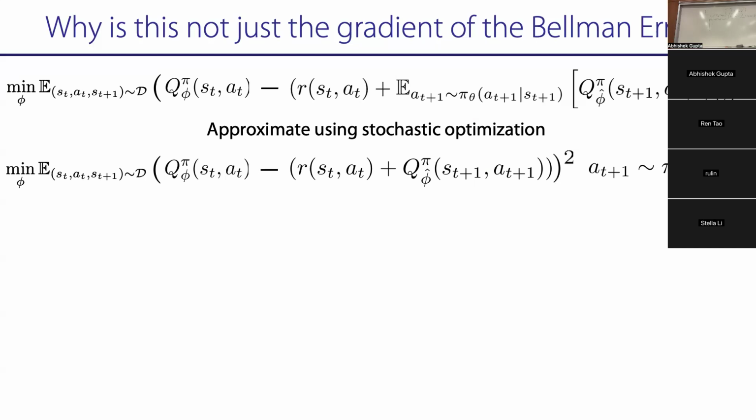So this does not require me to use data that comes from the policy. Meaning that I can use either old data or data that's collected elsewhere. That's right. The other question I had was that estimating the Q itself should require data from the policy. Right? You don't need that.